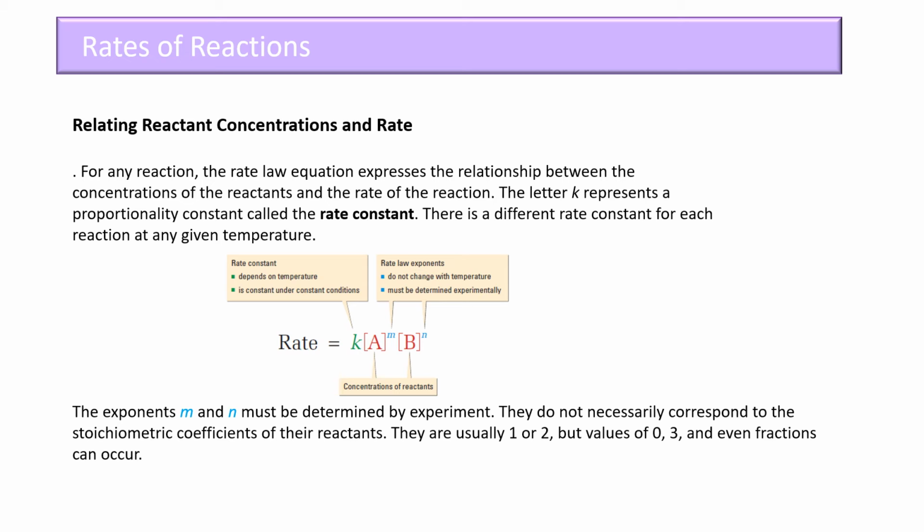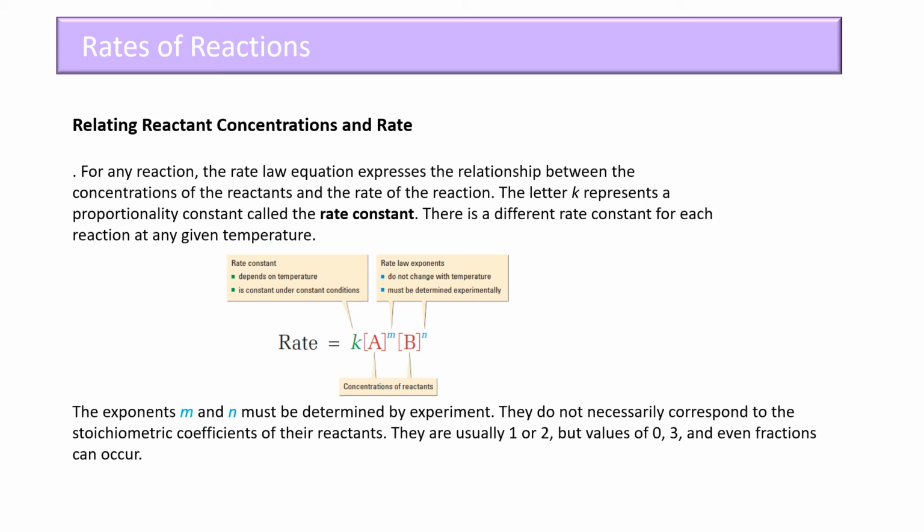There is a different rate constant for each reaction at any given temperature. The exponents m and n must be determined by experiment. They do not necessarily correspond to the stoichiometric coefficients of the reactants. They are usually 1 or 2, but values of 0, 3, and even fractions can occur.